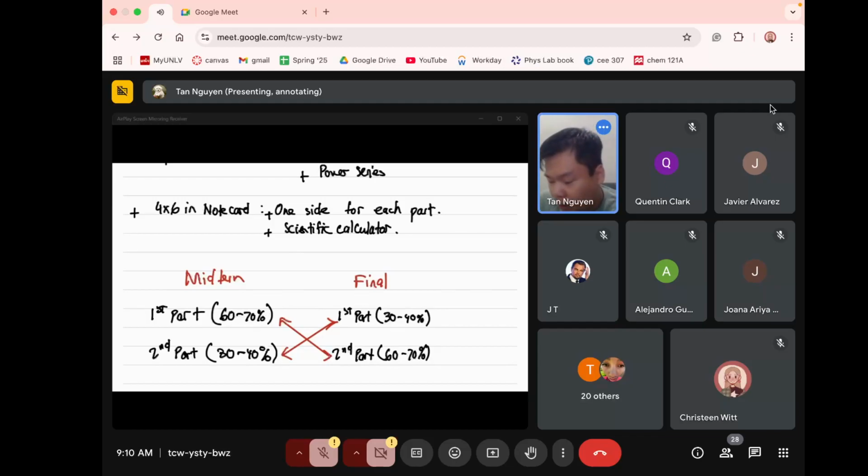The first part of the final exam replaces the second part of the midterm exam, and the second part of the final exam replaces the first part of the midterm exam. Are we clear on that? Okay. Of course, everything else stays the same.